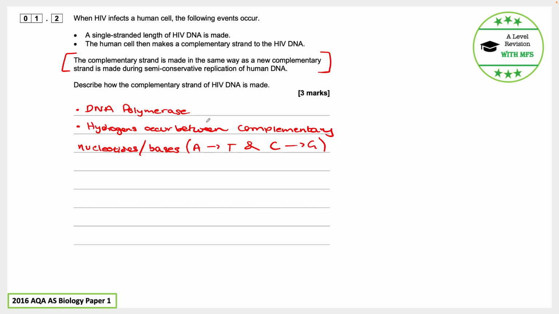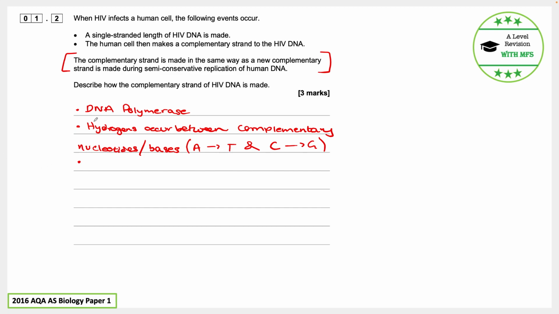Okay, and once these nucleotides have formed, the backbone of the complementary strand will form. And how does that form? Well, it's because of the phosphodiester bonds.